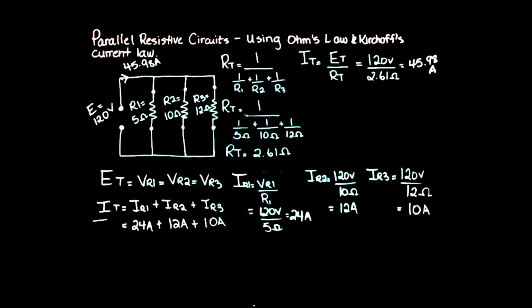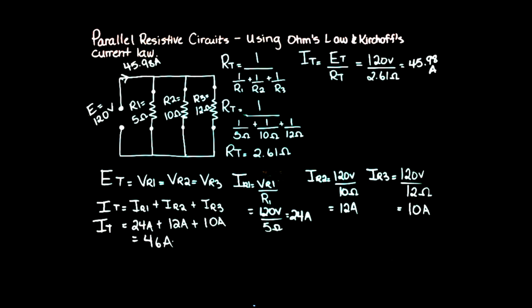This gives us an I total of 46 amps, which is what we had originally solved using our Ohm's law, I total equals E total divided by resistance total.